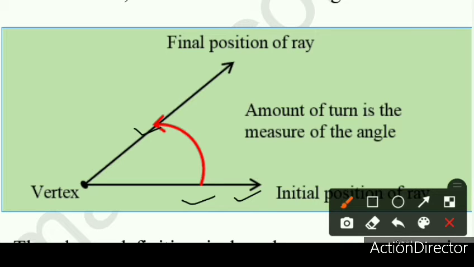When the ray moves from the initial position to the final position, it makes some angle in the middle of these two rays. So the amount of turn is the measure of the angle. Now the initial point of these two rays is known as the vertex. So this point is the vertex of the angle.